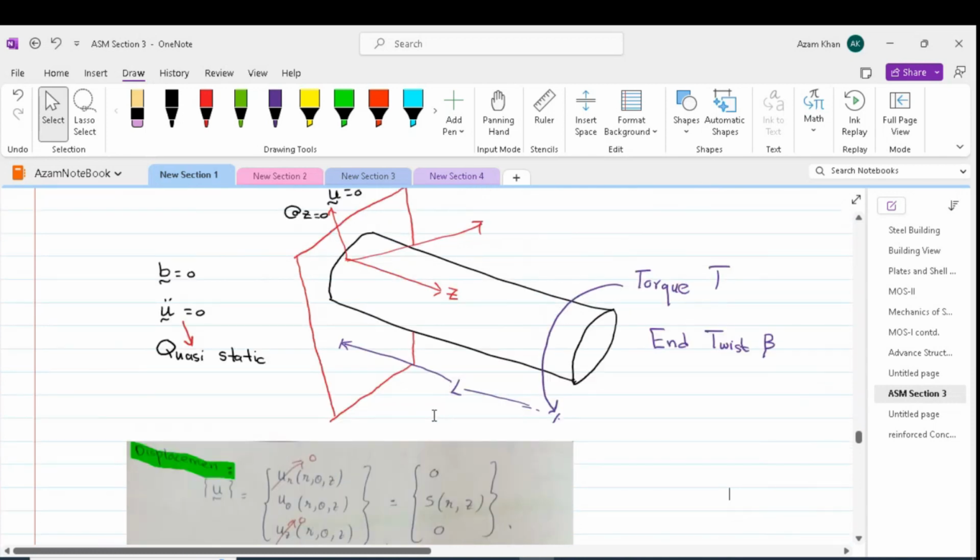Now, we will have to make some assumptions which will simplify our problem, because if we don't make any assumption, it will make the problem almost intractable.